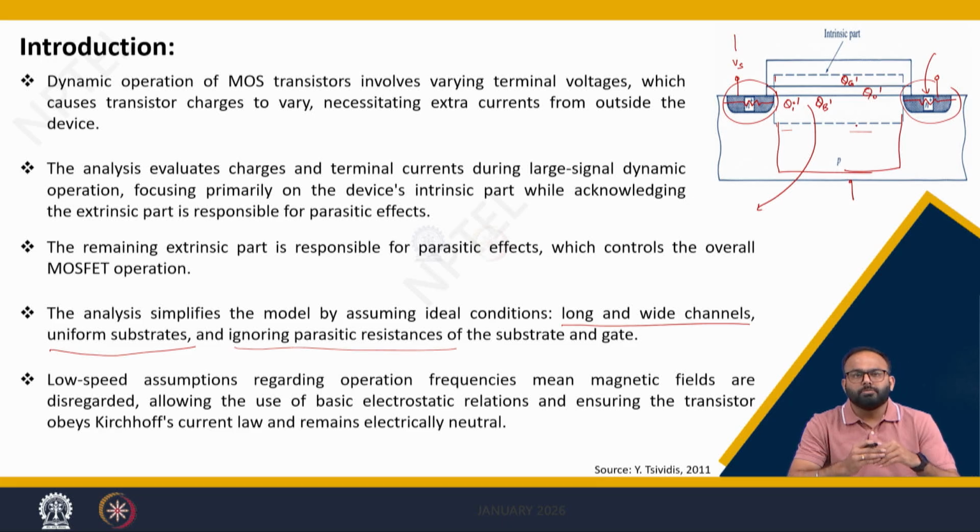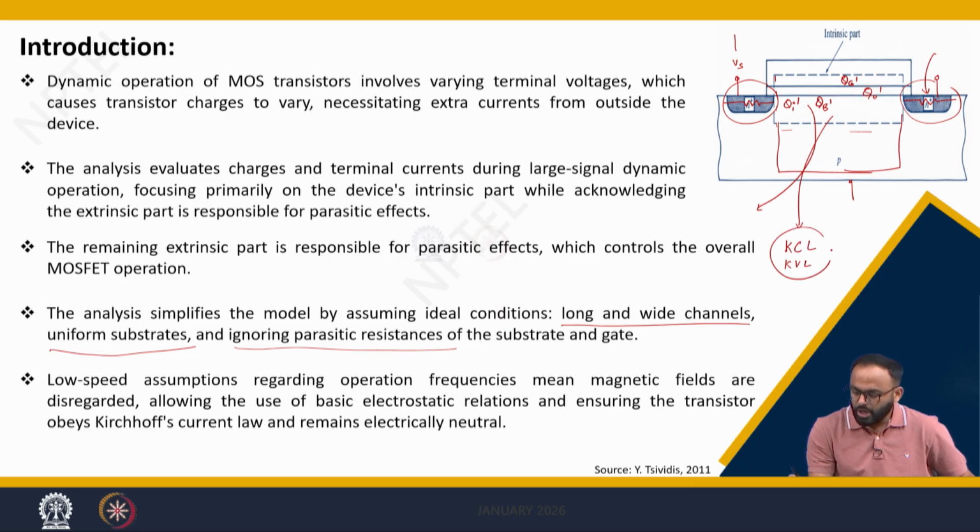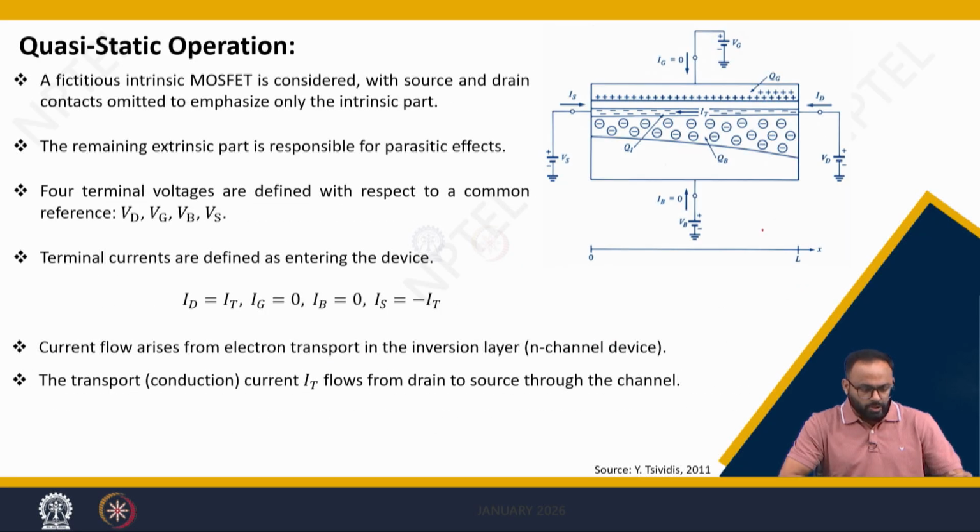We will also assume low speed regarding operation frequency, meaning the magnetic field is disregarded. We will only assume that the basic electrostatic law holds good and the MOSFET, still under quasi-static operation, follows Kirchhoff's law, right. So, we will use Kirchhoff's current law and Kirchhoff's voltage law to formulate the quasi-static operation.